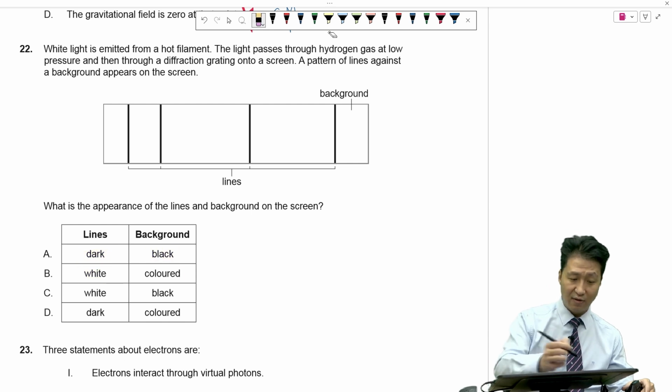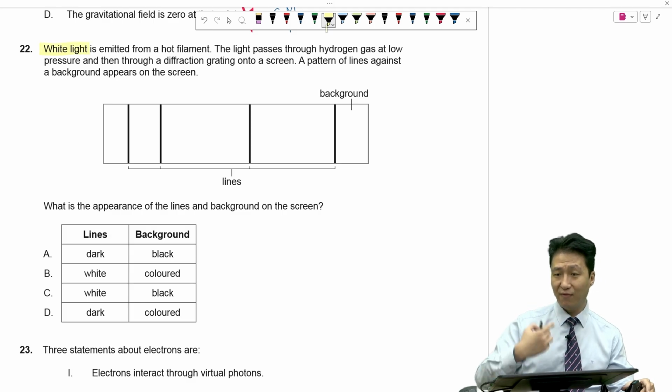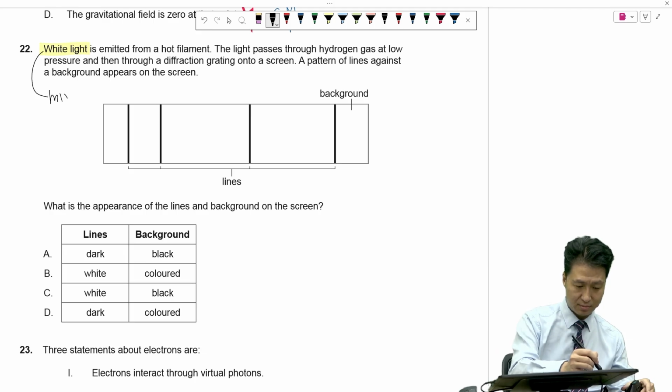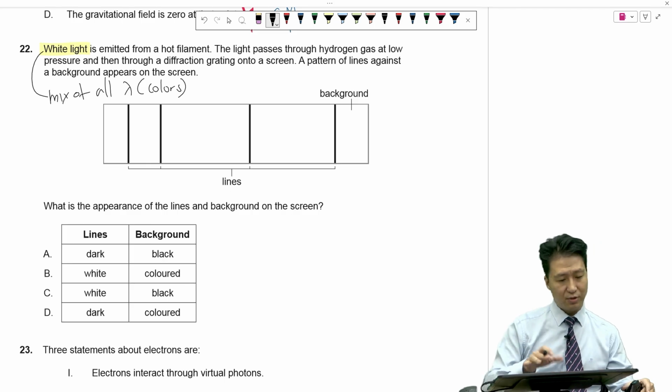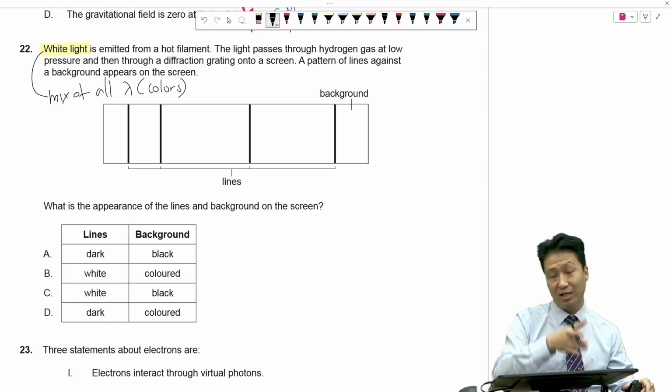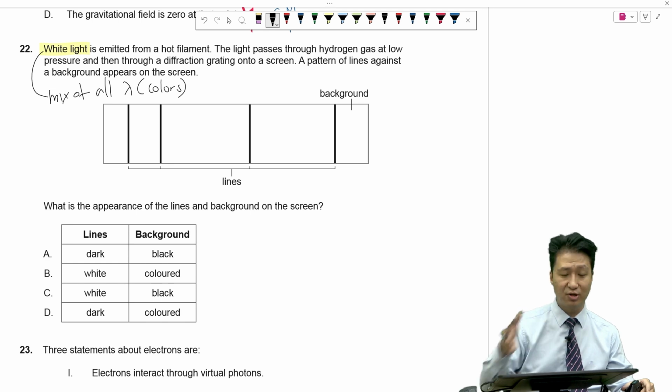Okay, so what happens? First, white light is white because it's a mix of all wavelengths and all colors. Of course, it's a bit wrong to say mixed about colors, because technically colors are only inside the visible spectrum, which is 400 to 700 nanometers.